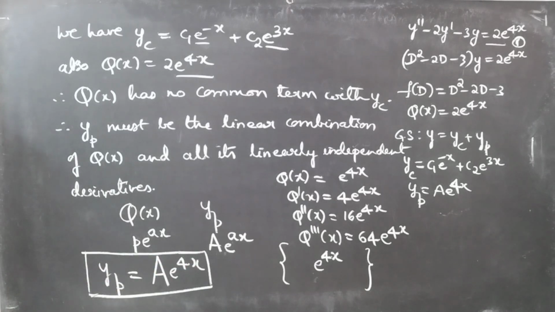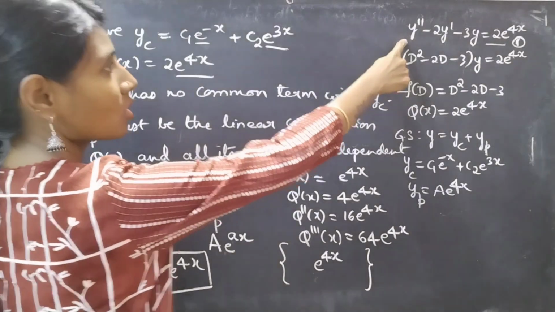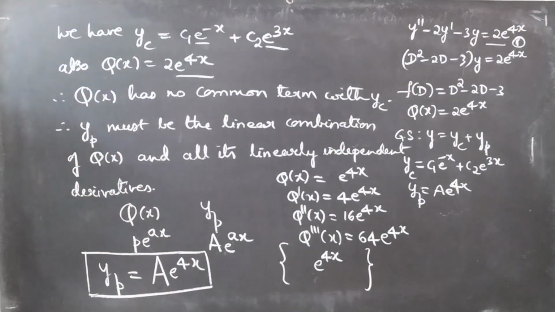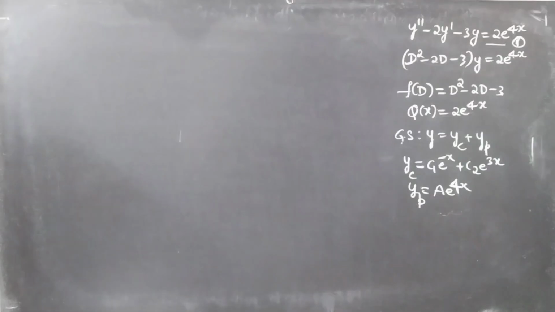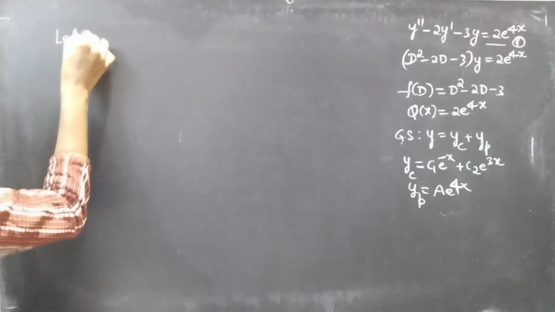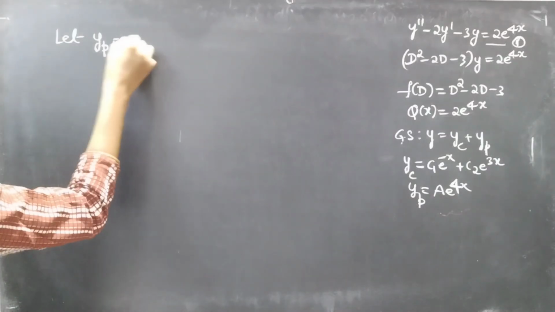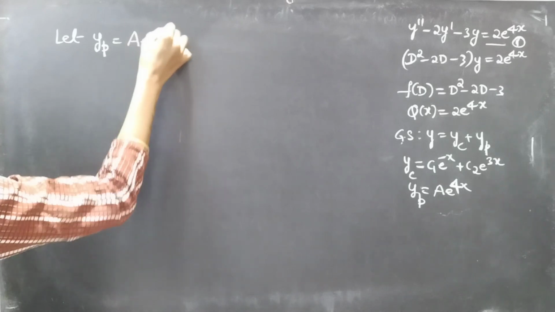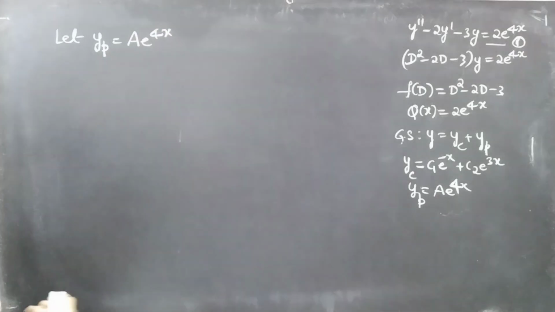Fine. Now coming to the problem, we got yp. We have chosen yp such that it satisfies the given equation. So we can write the given equation in terms of yp. Okay, we'll see that later. Let yp equal to a e power 4x such that it satisfies the given equation.